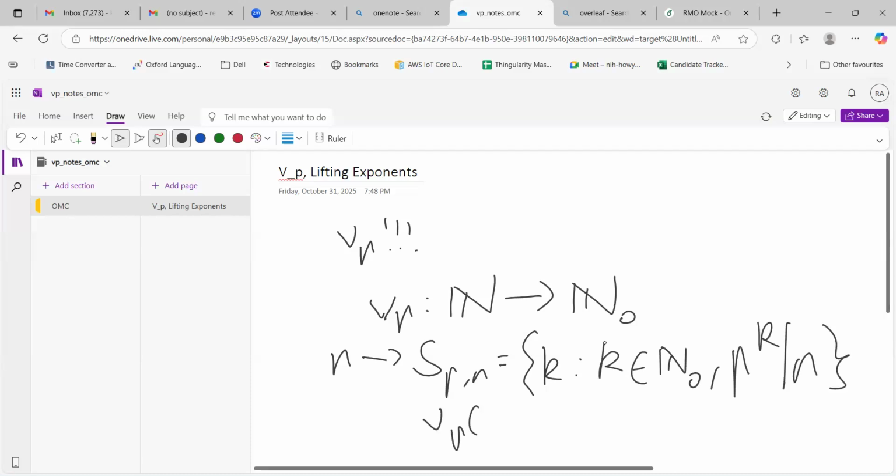Then VP of n is the largest element in this set S_{P,n}. Essentially, you consider the prime factorization of n and look at the exponent of p in it. So for example, what would V2 of 20 be?